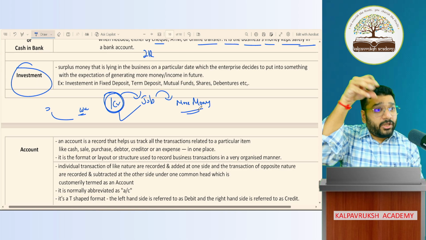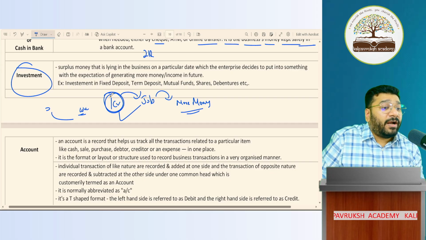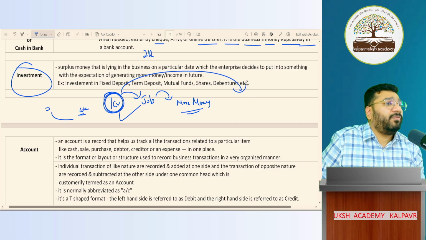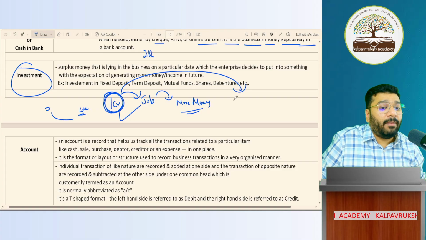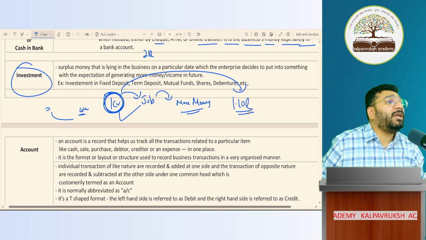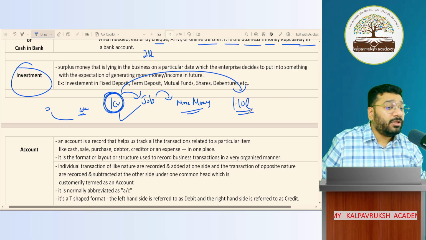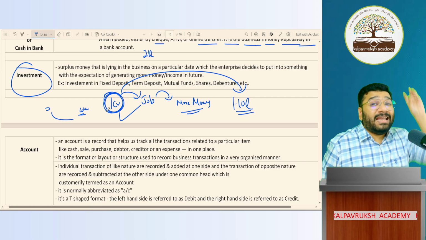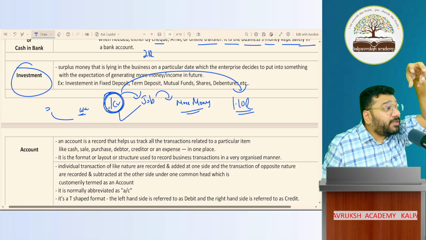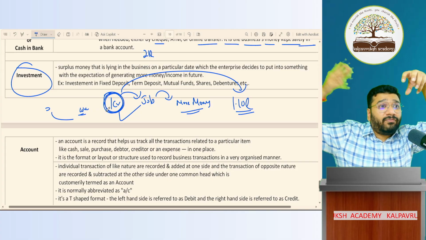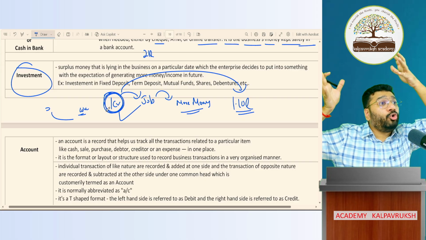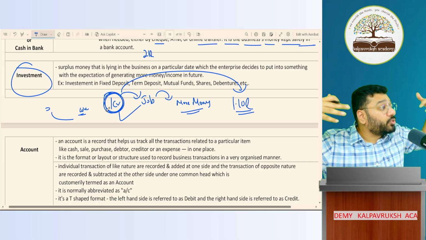You deployed your money somewhere: 1 crore today, and at the end of 1 year, this 1 crore should become 1 crore 10 lakhs, 1 crore 20 lakhs, 1 crore 30 lakhs. I invested this 1 crore in such a way that after a few months or years it has grown to 1.5 crores, 2 crores, 3 crores.